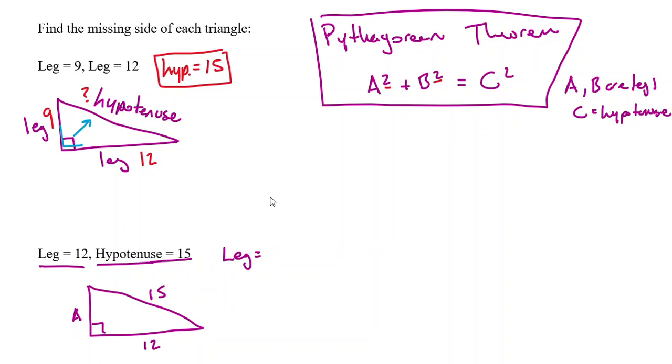And so let's plug it into the Pythagorean theorem. And remember, Pythagorean theorem, the two legs are squared. So a squared plus 12 squared equals the hypotenuse, which is 15 squared. We'll go ahead and do the squareds first. So 15 squared, we just said, is 225. 12 squared, 12 times 12 is 144.